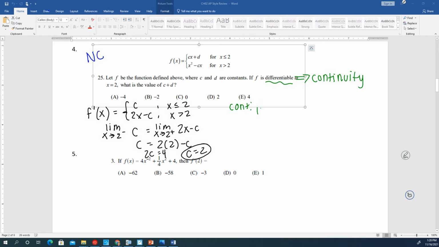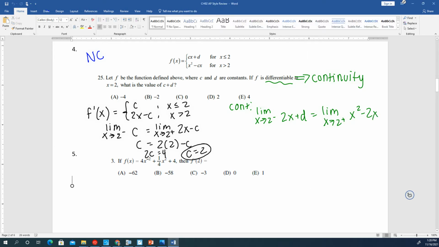The limit as x approaches 2 from the left, I would use this piece. And now we know that c is 2, so we can go ahead and plug that in. It has to be the same as coming into 2 from the right. And this will allow us to solve for d.